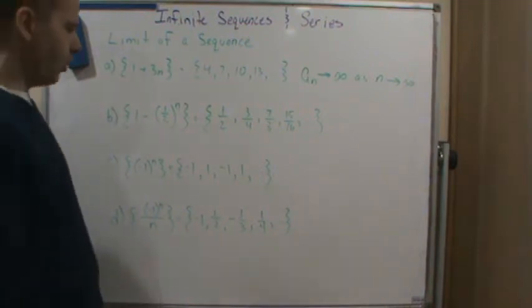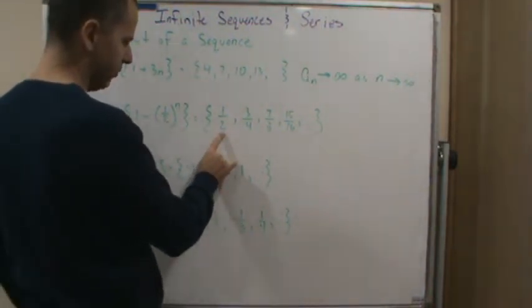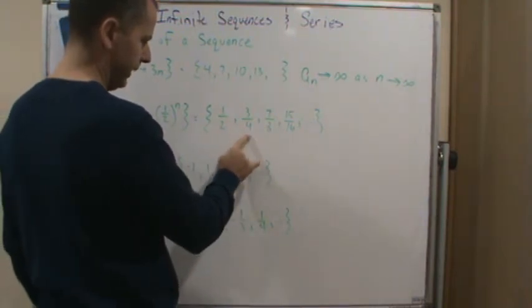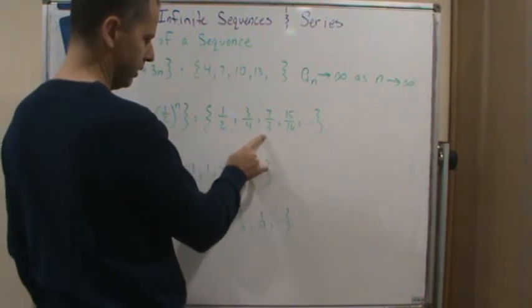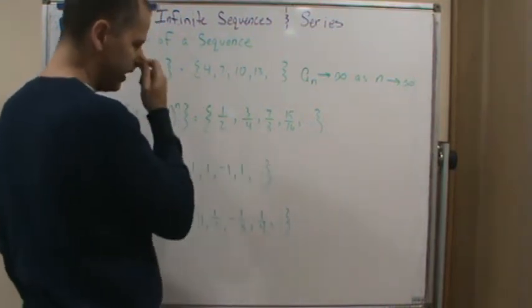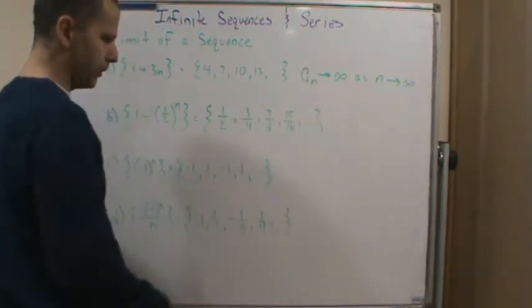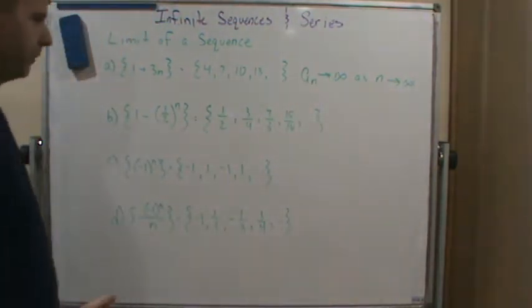It seems like we start at 1/2, then go to 3/4, which is bigger, then 7/8, which is bigger than 3/4, and then 15/16. But it's not getting arbitrarily larger.